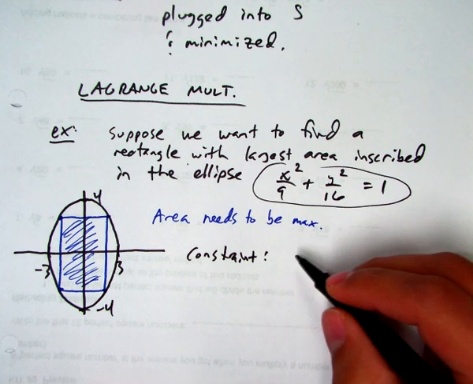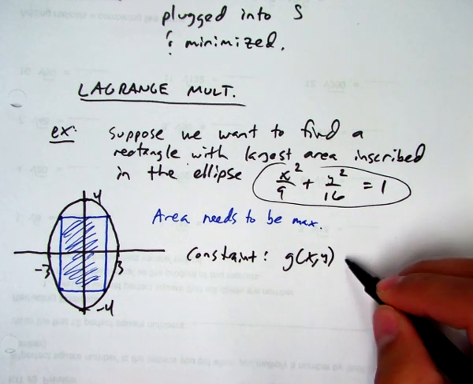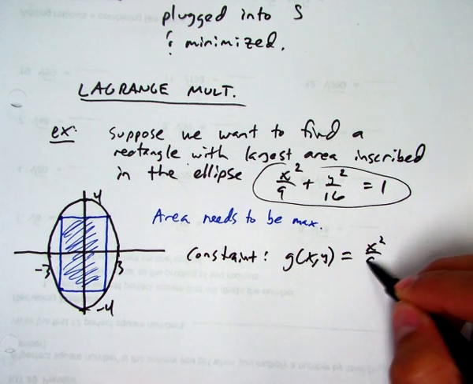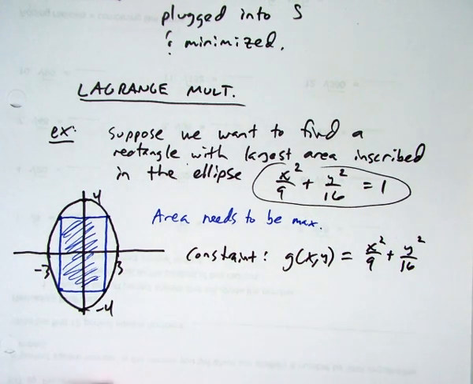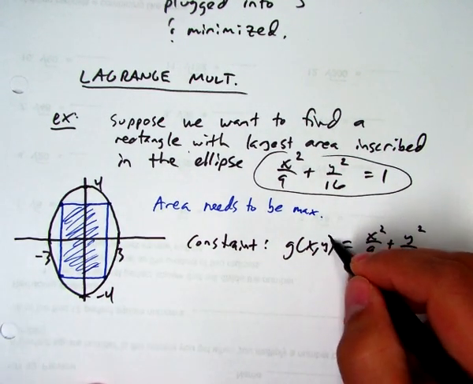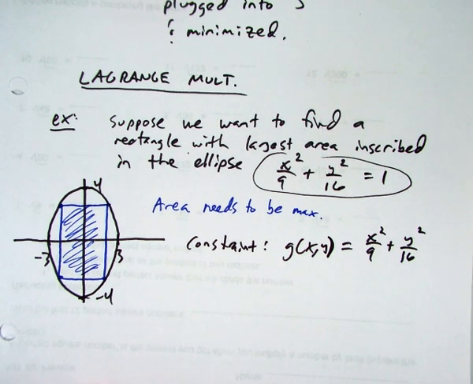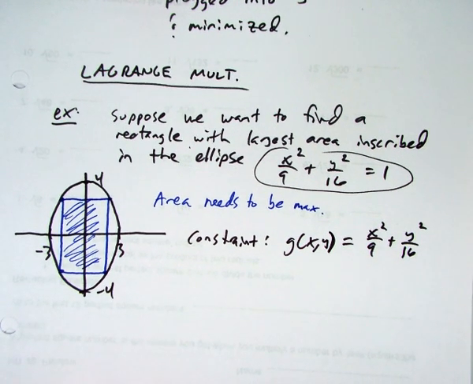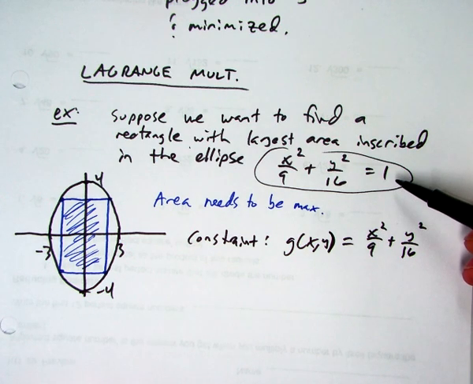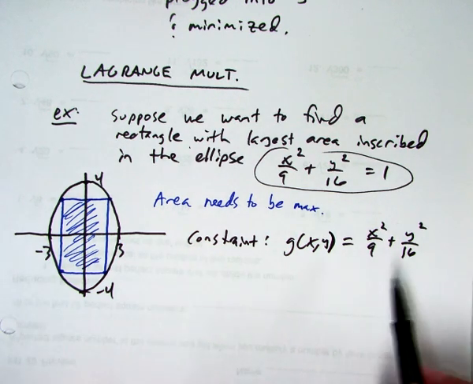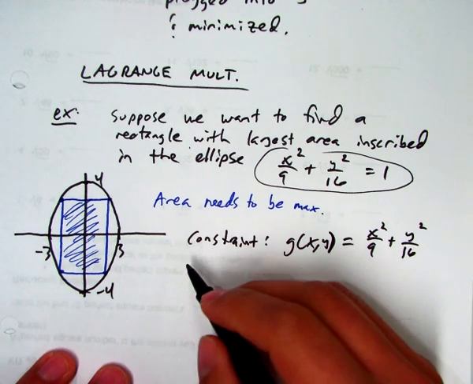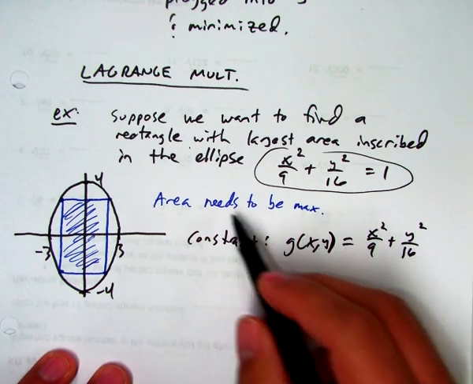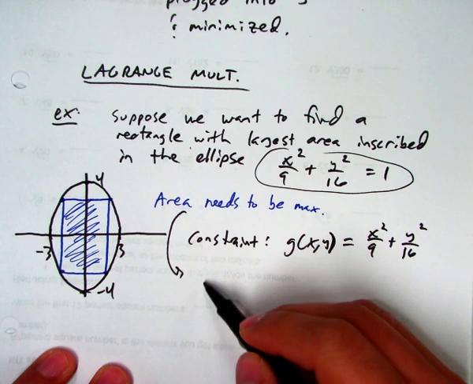I'm going to just call that g of xy equals x squared over 9 plus y squared over 16. There's our multivariable function. Now, obviously, we're interested in specifically the one that's equal to 1, but just bear with me for a second. So here's our constraint. And then the function that we want to be maximizing is area.